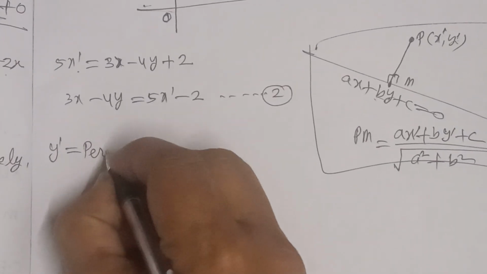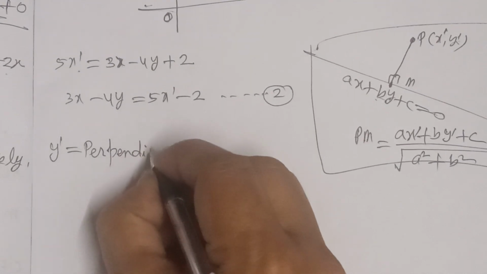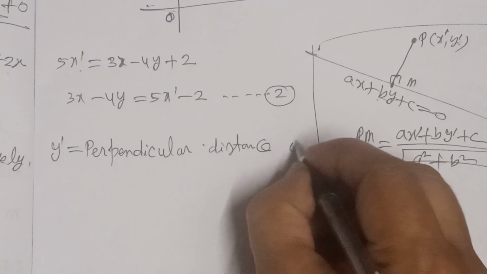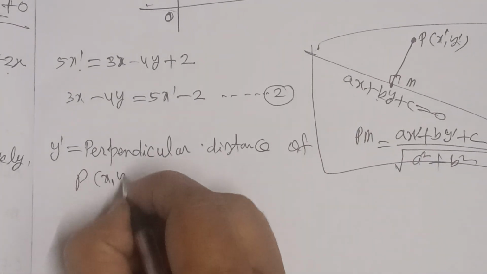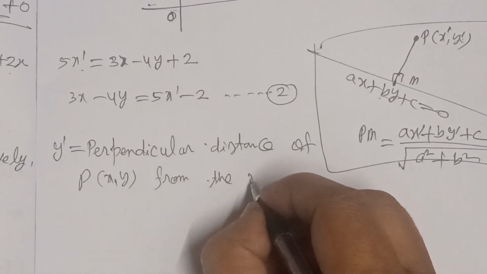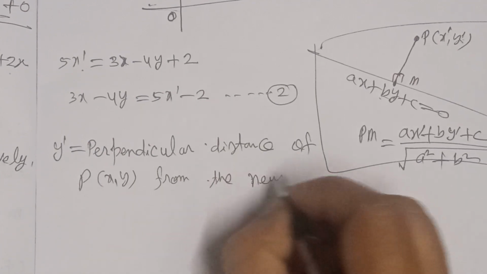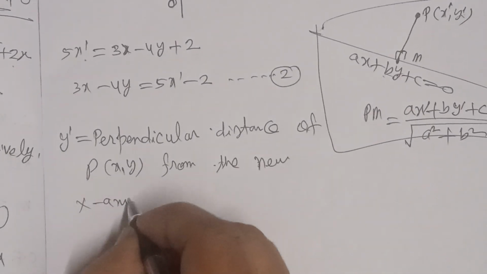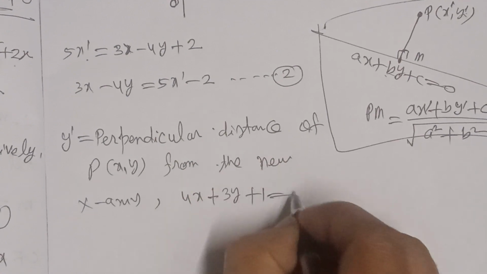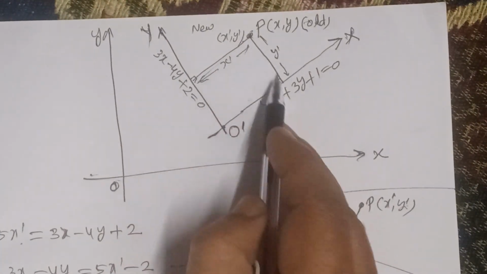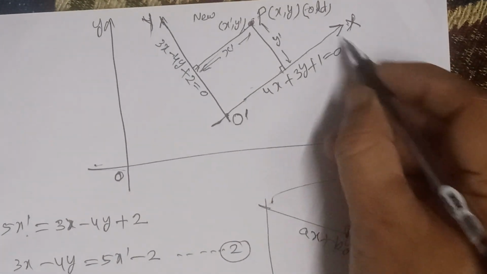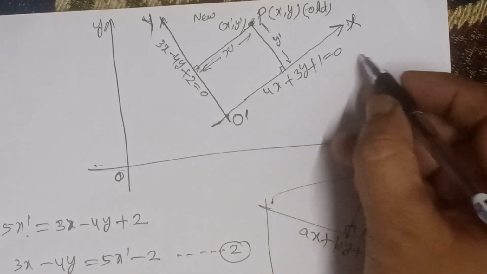The perpendicular distance of P(x, y) from the new x-axis, 4x plus 3y plus 1 is equal to 0. Y dash is the perpendicular distance from this point to this line. The x-axis means 4x plus 3y plus 1 is equal to 0.